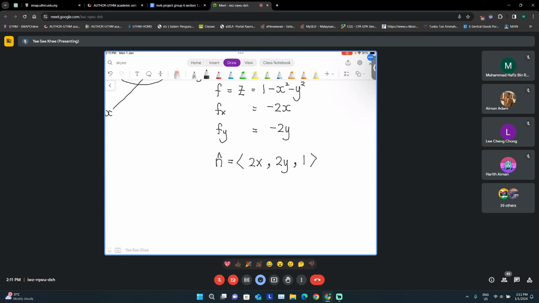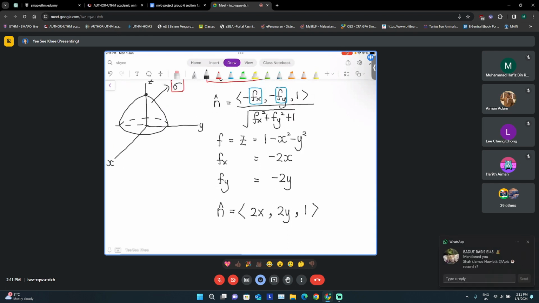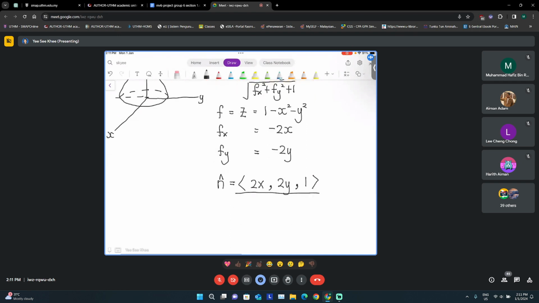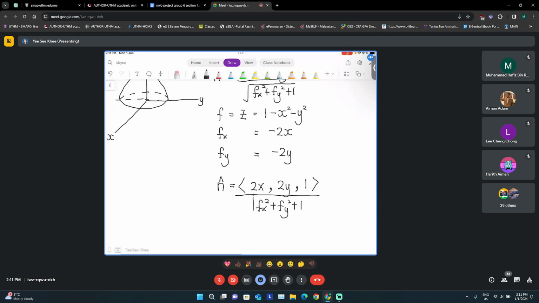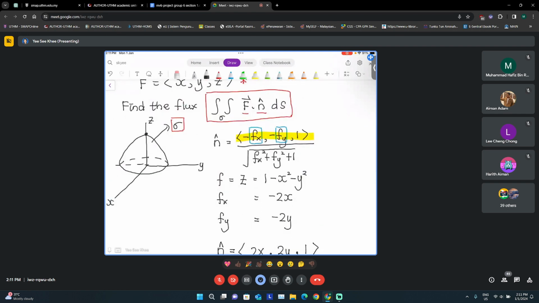Just follow this part. This part I prefer to just write back again because at the end we will cancel it out, so I don't want to replace anything here. So you complete your n. This one you already completed.